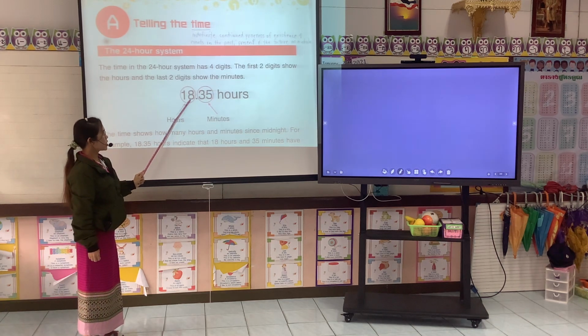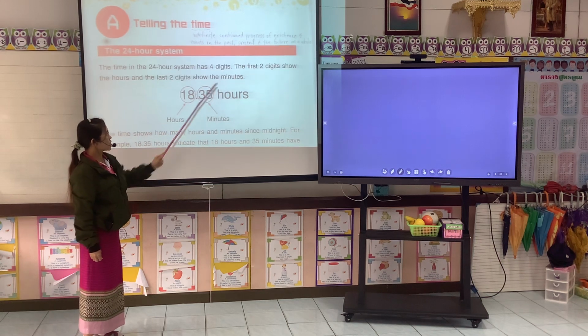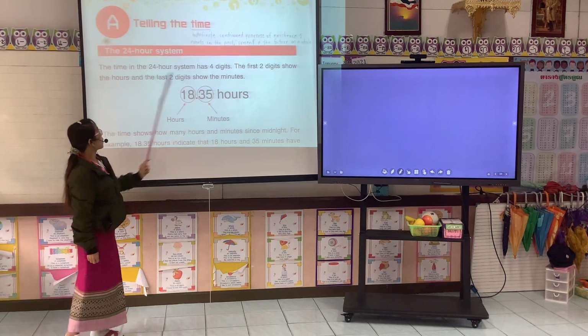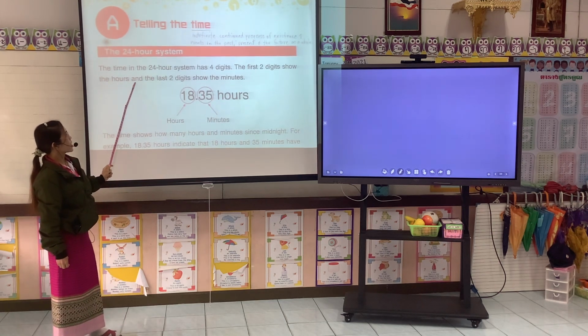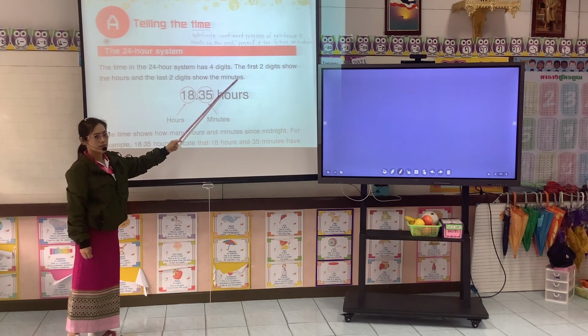The first 2 digits show the hours and the last 2 digits show the minutes.